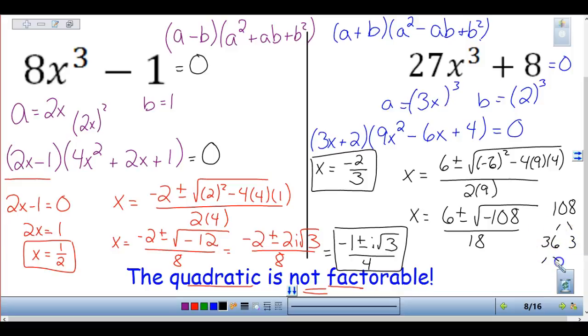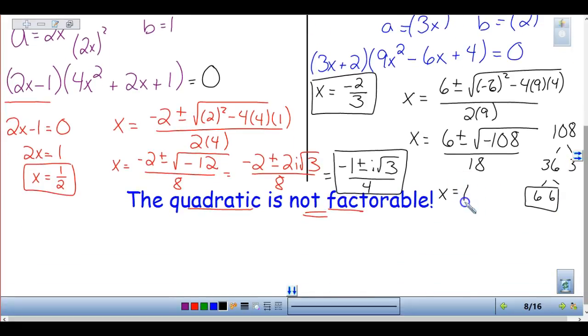Not that you have to, but I'm just going to try to save space and time here. So I get a pair of 6's. So x is going to equal 6 plus or minus 6i square roots of 3 all over 18. Again, we notice 6 goes into all of those, so I'm going to get 1 plus or minus i square roots of 3 over 3.